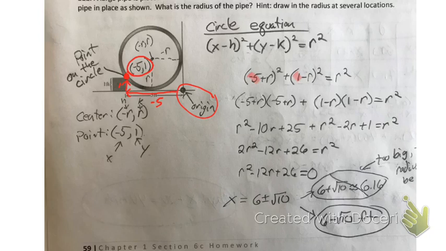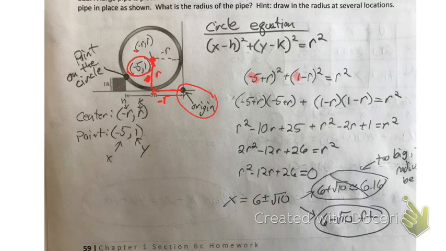Now I still have an h and a k and an r. You can't solve for 3 variables if I have one equation. So we have to do something with this h and k. If I go back to the fact that we have an origin here, and I'm trying to find this point that's right in the center, that means I would go left r units, and I would go up r units.